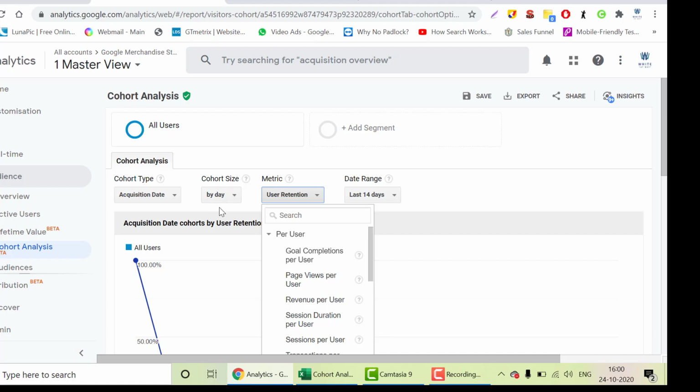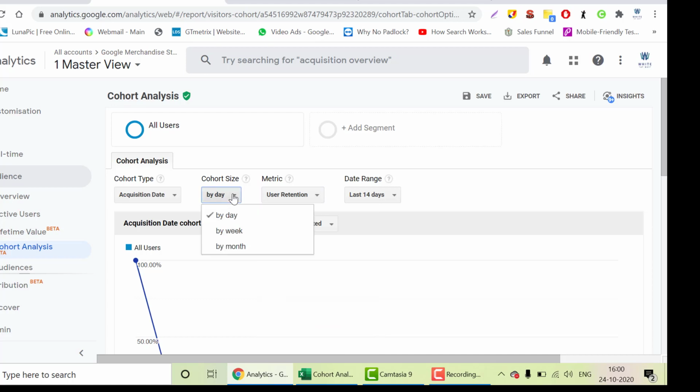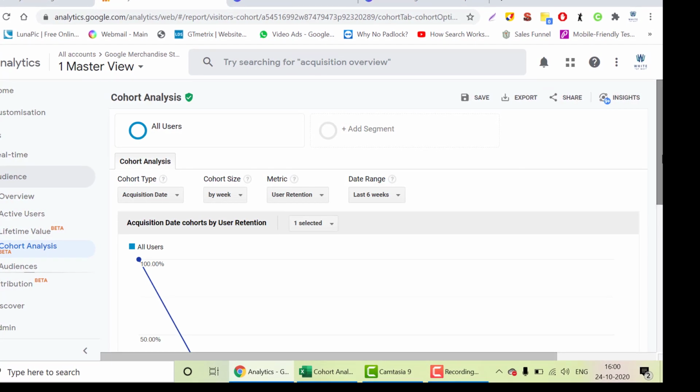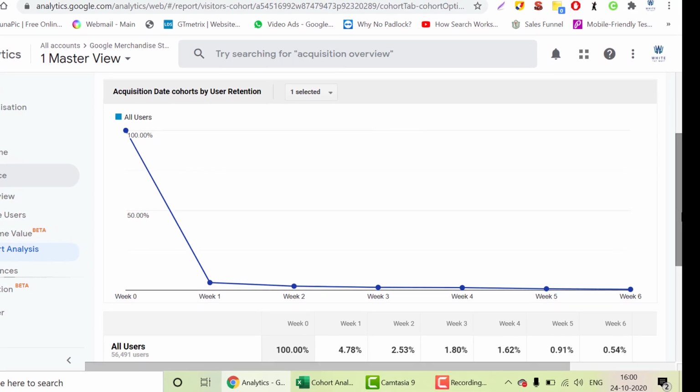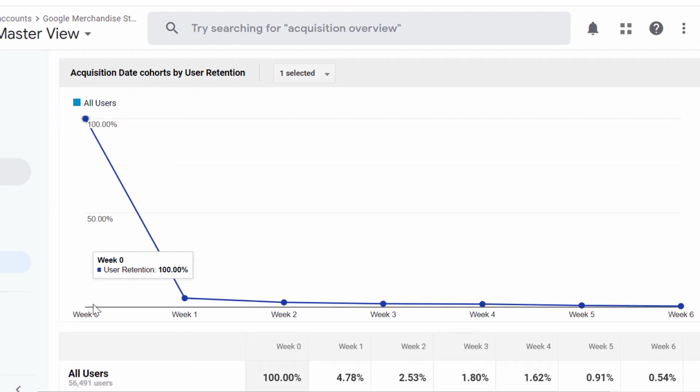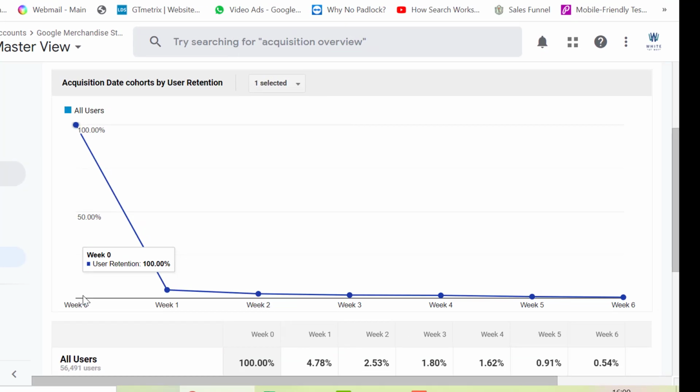And then cohort size is by day. In case you want to change it to a week's time, you can go ahead and change it. And then when you view the chart, what you are going to see is that in week 0, which is the week you are considering, you got 100% of the people coming, but in week 1 only 4.78% of people were retained out of the ones who came in week 0, and then in week 2 it was 2.53.